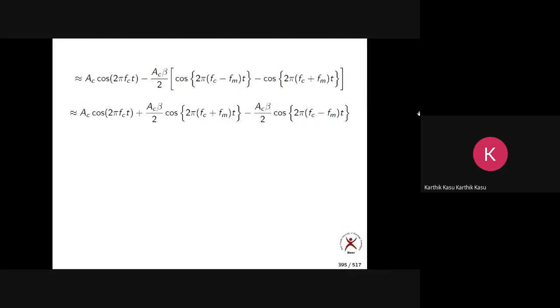Now this is the narrowband FM equation. We have done some calculations. Now it is similar to one well-known equation that we have studied already. What is that? Anyone? Please answer me. It looks like what kind of equation?